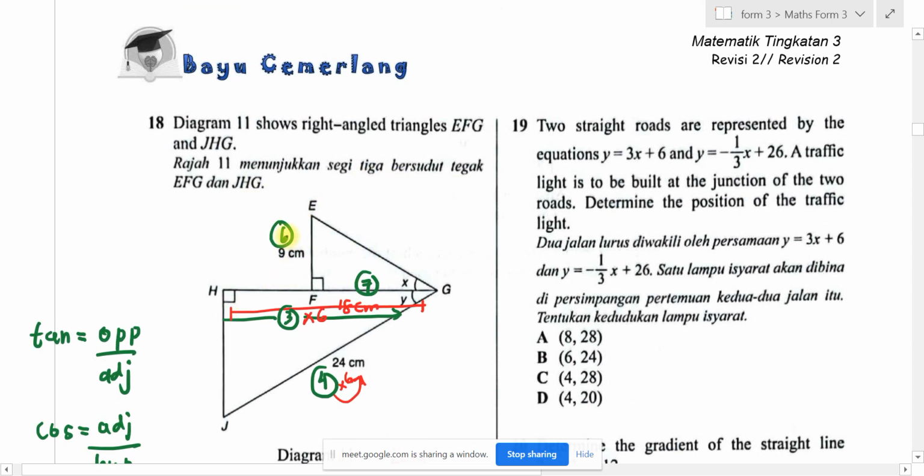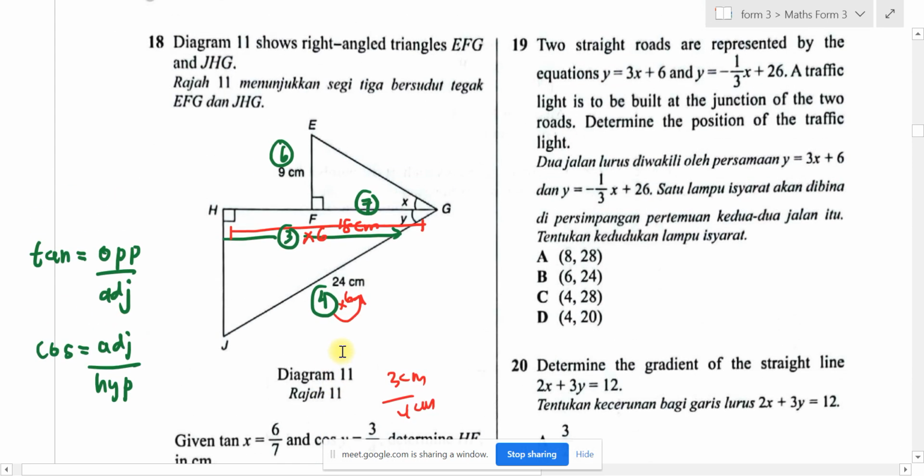Now you see, we shift to the tangent. Tangent is what? 6 over 7. What they gave us. 6 over 7. And what we found out here, this is the simplified ratio. We found out here the opposite is 9. And the adjacent is FG.